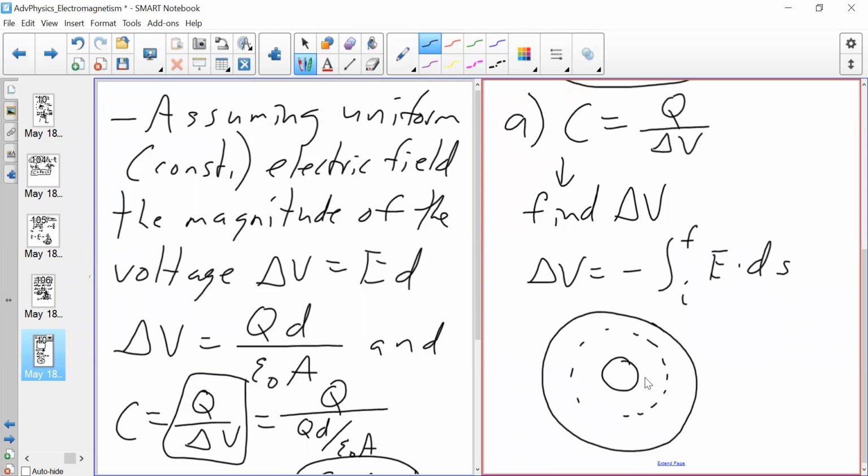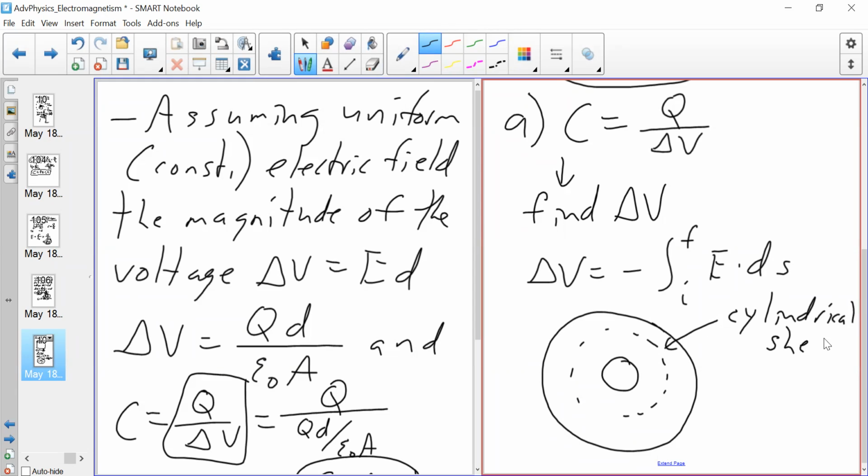Well, actually, not spherical because it's not a sphere here. It's going to be a cylindrical Gaussian surface. And so we have to take the area of a cylinder with our flux equation to get an expression for the electric field, then put it into the integral for the voltage, get the voltage expression, and then we have our capacitance. So all this is going to make sense here.